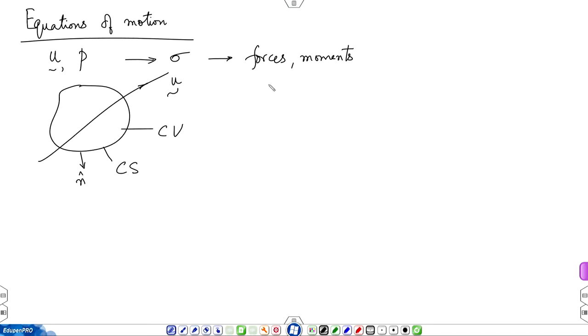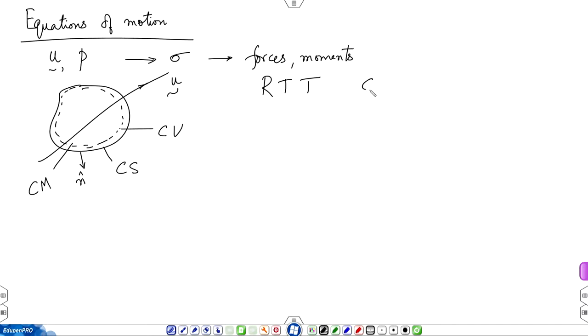So, here we make use of a very important result, again we discussed it last time, called Reynolds transport theorem, which relates quantities for the material contained in CV. So, that is called Cm.